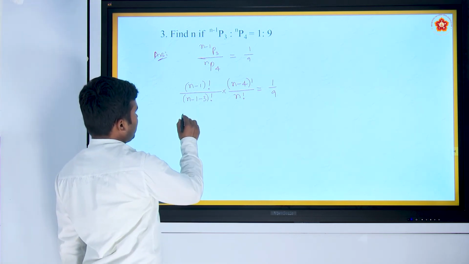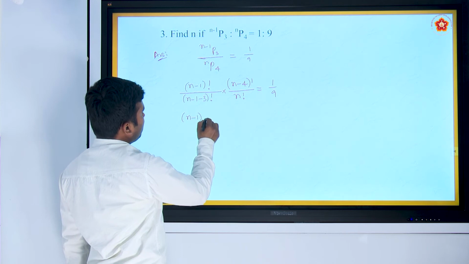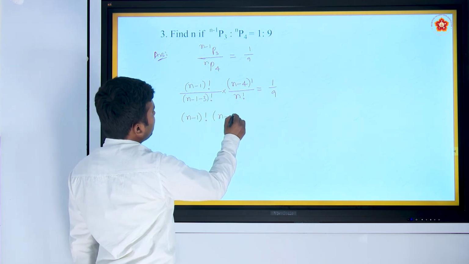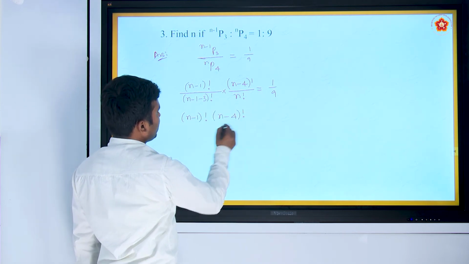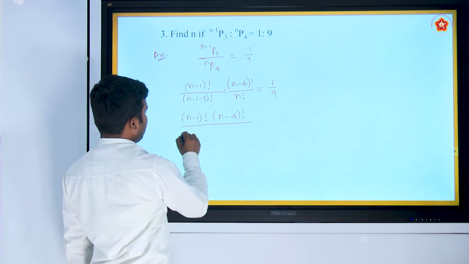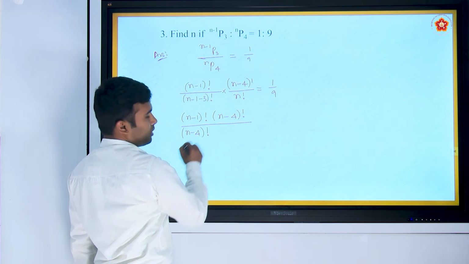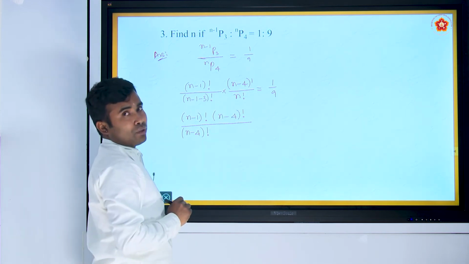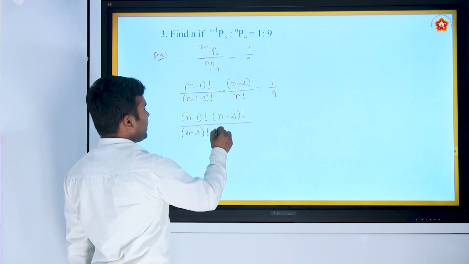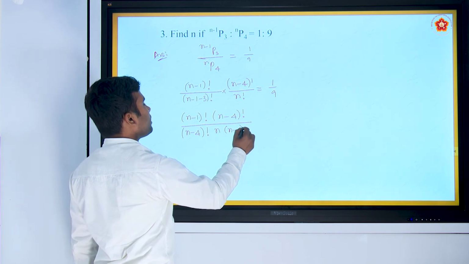We can simplify this: (n minus 1) minus 3 is n minus 4 factorial. n factorial can be written as n into (n minus 1) factorial.